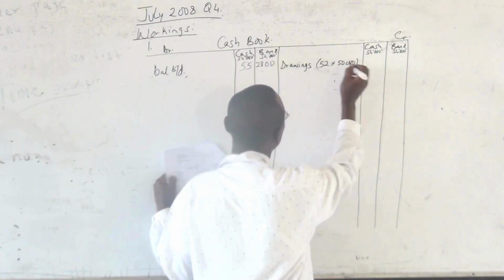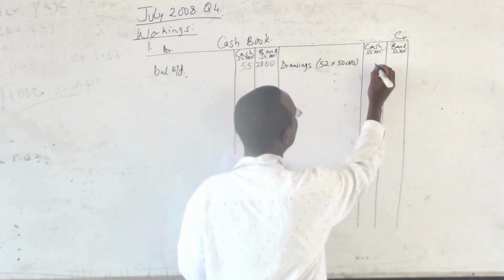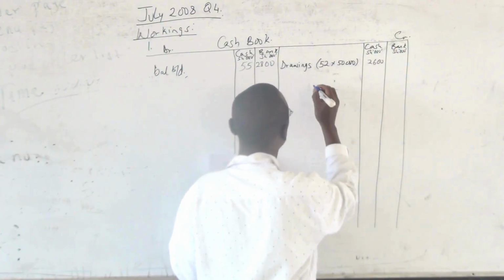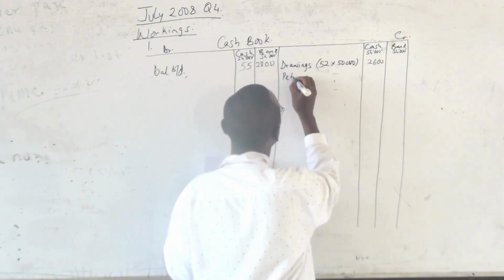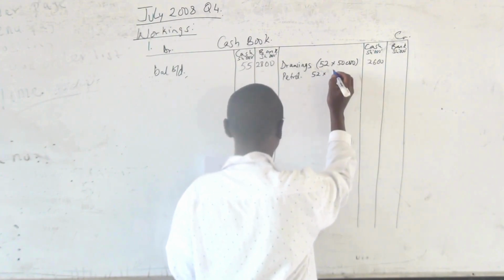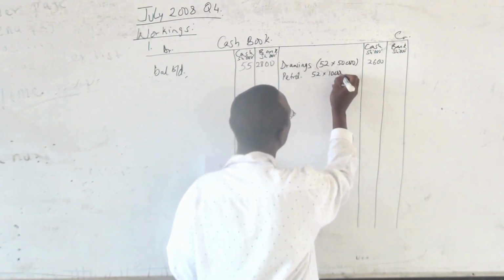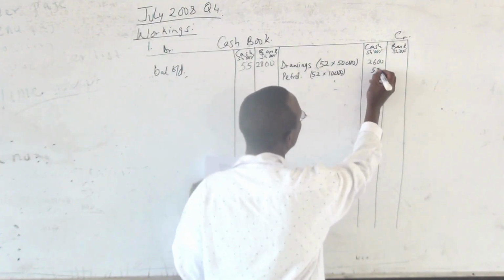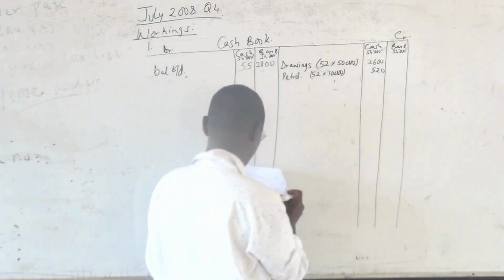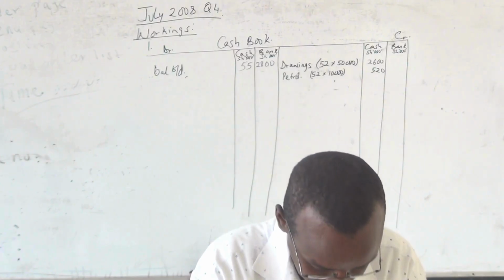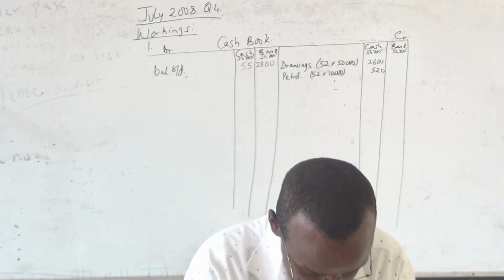This one was in cash, 2,600. There is also petrol, 52 times 10,000. You get 520. Then other items paid in cash. You can see them at number 3.